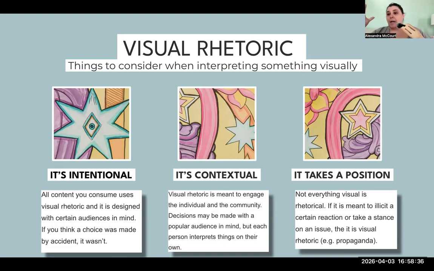So think about propaganda, the propaganda memes that we might see on the internet. Those things demand us to feel, act, or think a certain way, whether it's that we agree with it or disagree. That's visual rhetoric working. It could also be that it's a picture of blue curtains and the curtains are blue.